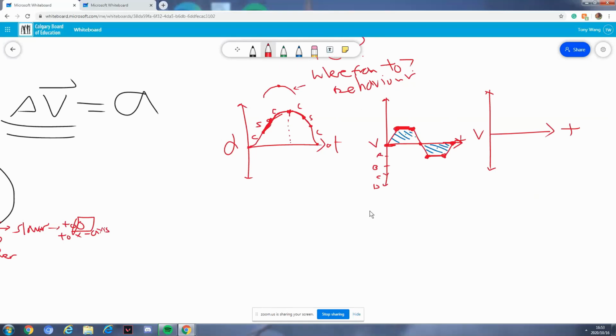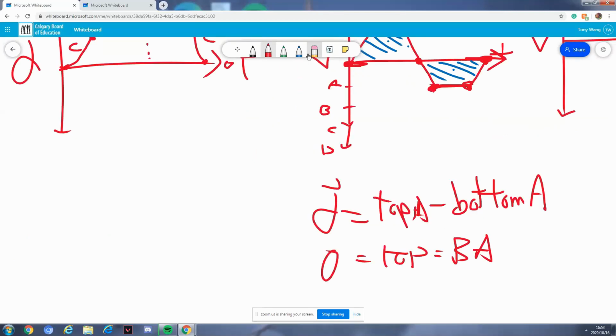So do you remember the formula on your paper? Final displacement is top area minus bottom area. Yeah. So top area minus bottom area, right? If the displacement is 0, that means the top area equals the bottom area, so the object does not move.